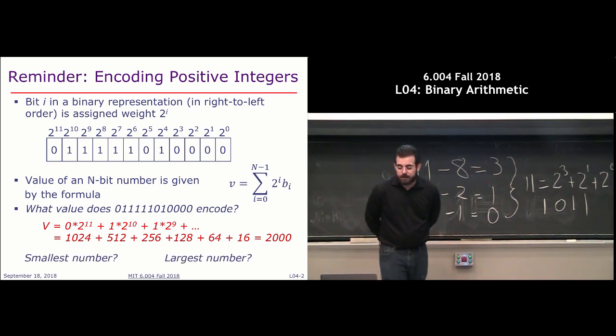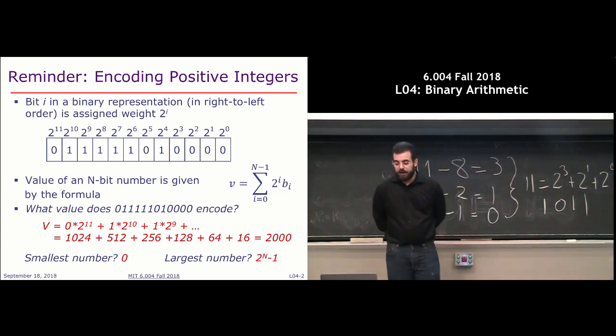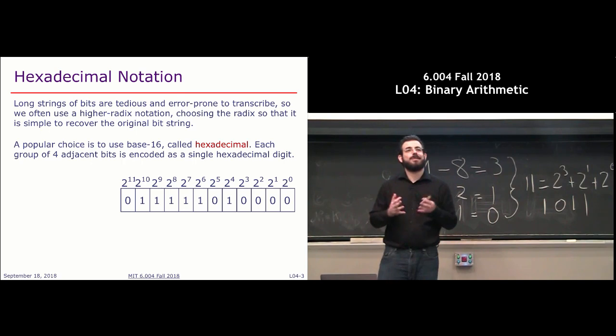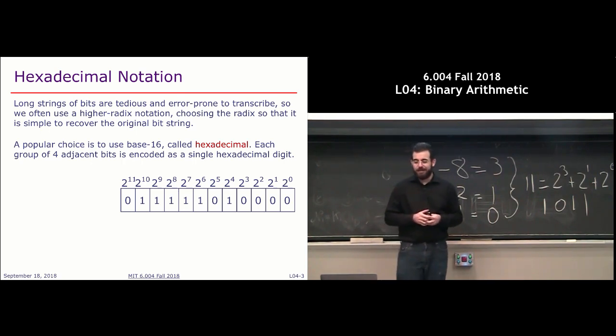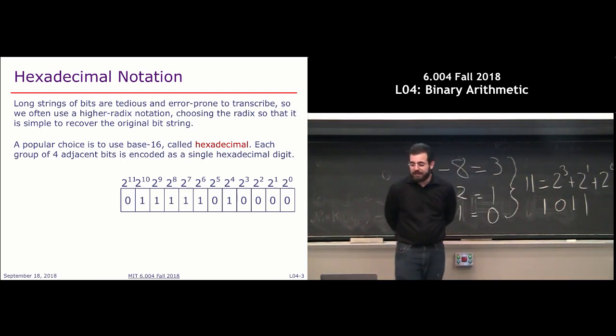All right. So as we saw last time, the smallest number that you can encode is 0. The largest number, 2 to the n minus 1. So strings of bits are essentially what the machine manipulates. But for us, they're tedious to write and to manipulate. It's very easy to make mistakes.